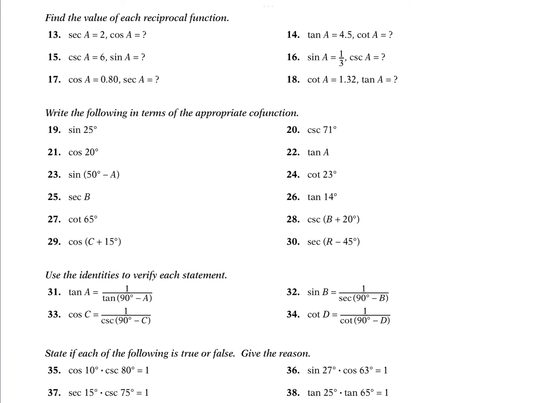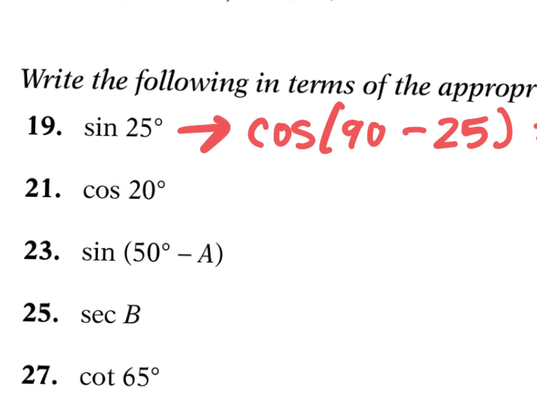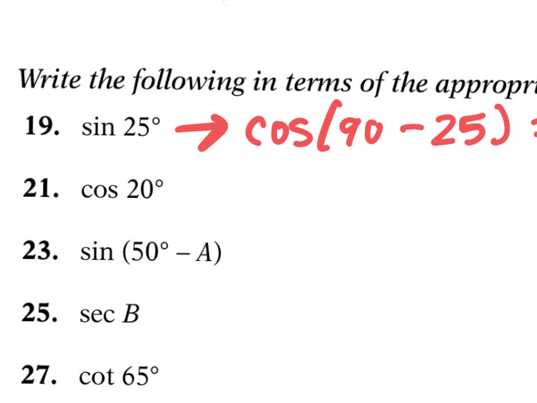If you're given sine, its cofunction is cosine. And then you do 90 minus whatever that number is. So 90 minus 25 is 65.